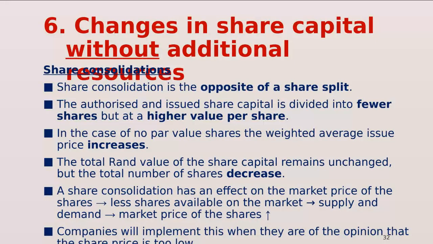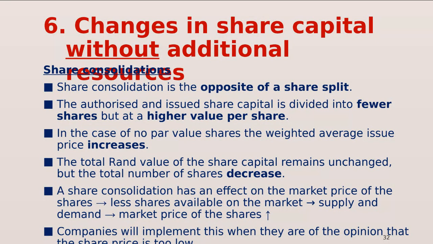So if you started off with 10,000 authorized shares, and you had 5,000 shares in issue, and now you said, okay, all the shares that are out there, every 2 shares are now 1 share, you would then have 5,000 authorized shares and 2,500 issued shares. So again, the ratio between issued and authorized does not change under share consolidation.